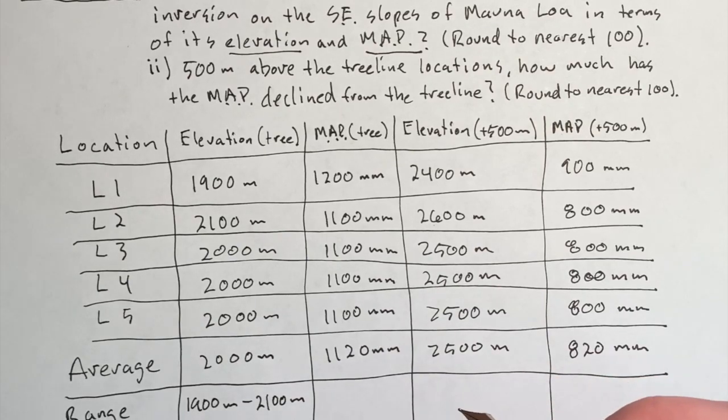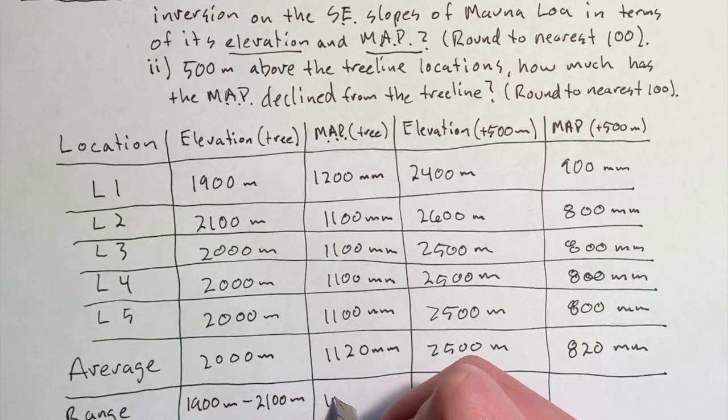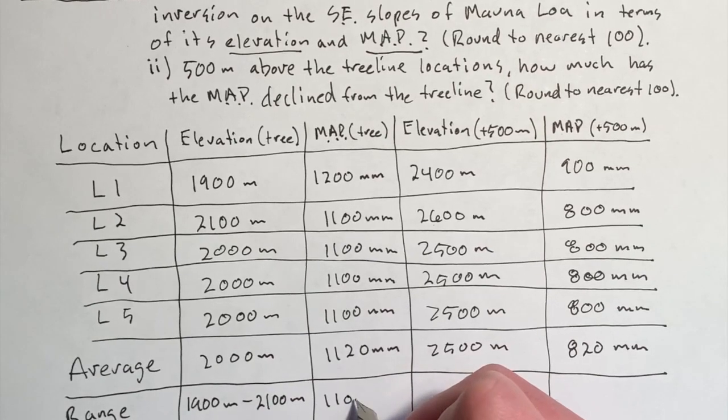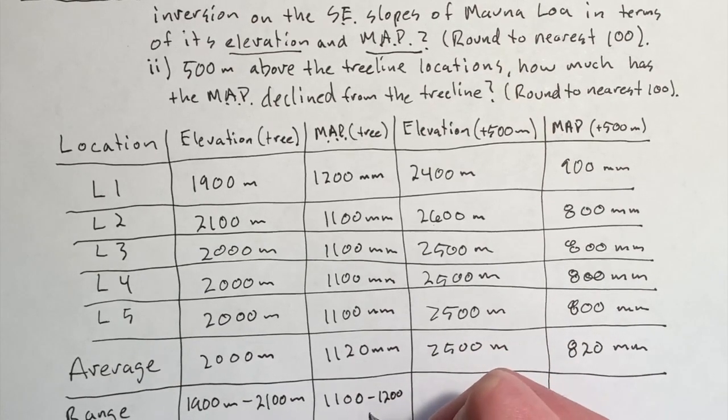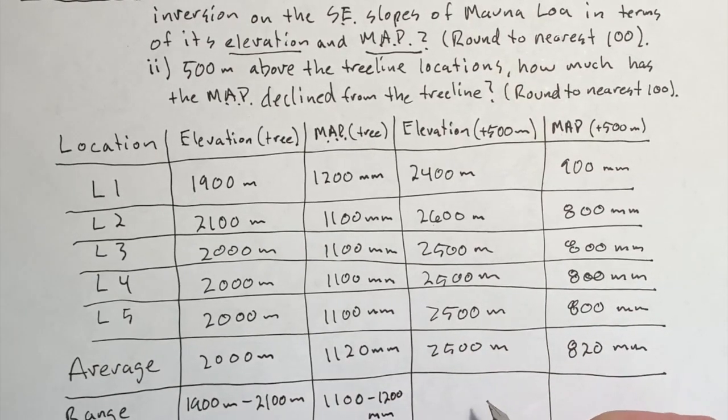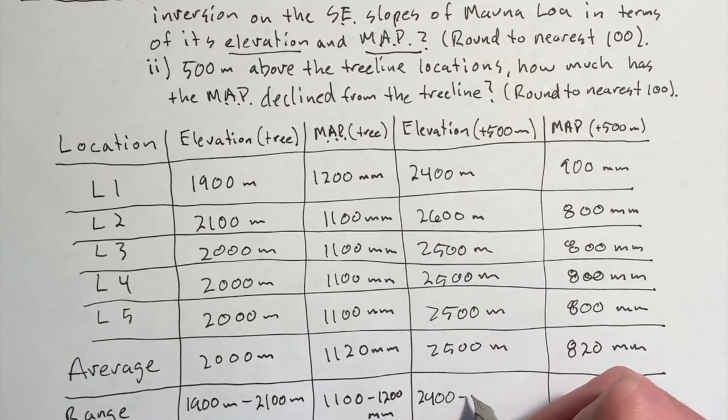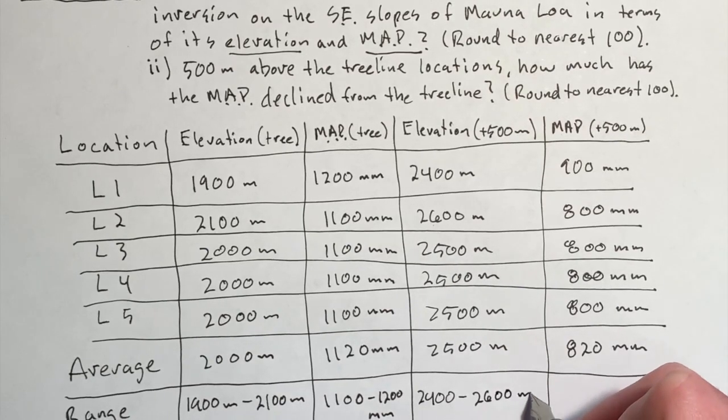That's just between 1100 and 1200 millimeters. And over here, 2400 to 2600 meters.